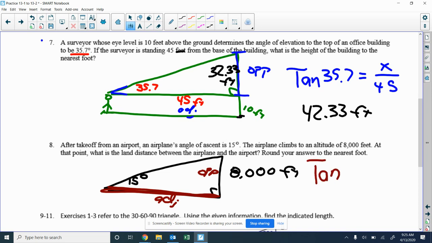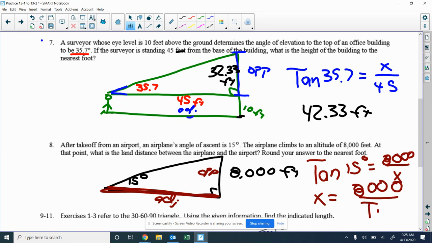So the tangent of our angle, 15 degrees, is equal to the opposite, which is 8,000 over, we don't know, x. Now it's a little different here. We're going to multiply by x, but really what you're going to end up being is x is equal to 8,000 divided by the tangent of 15 degrees. Again, make sure you are in degree mode here to get the proper answer, okay?